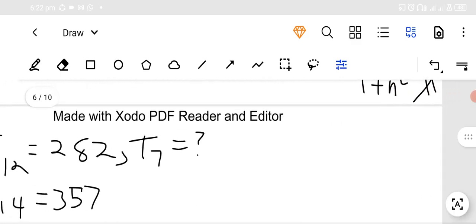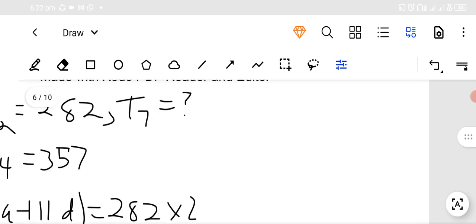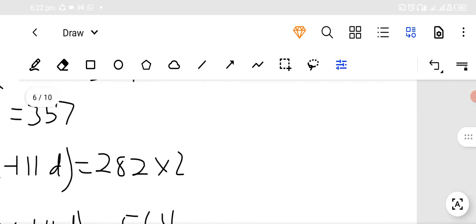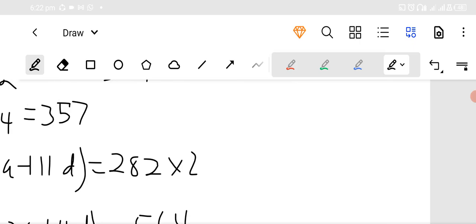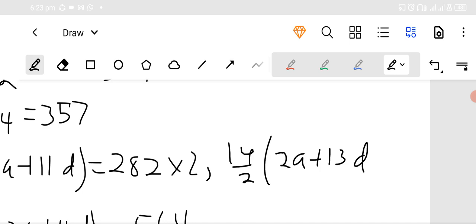Then our equation 2 will be what? It will be the sum of the first 14 terms, 14 divided by 2, this is one of many methods you can use, times 2a plus 13d. Why 13d? It's 14 minus 1 multiplied by d. So that is equal to 357.